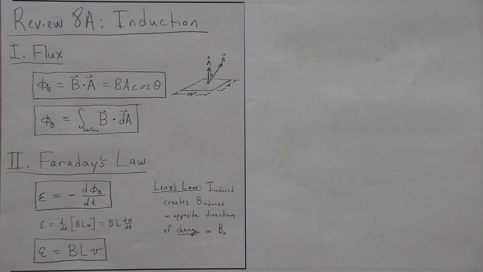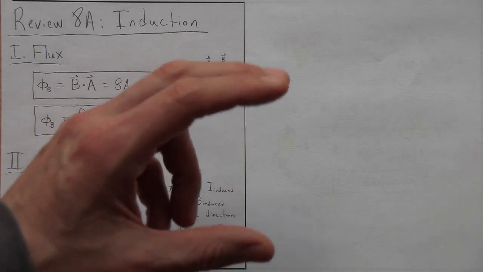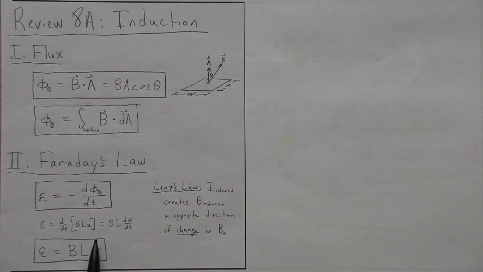All right, so another concept, as I already mentioned, you could create voltage by sliding or sending a coil into a magnetic field region. The area is L times X, where X is how far the coil has gone into the magnetic field region. So the area is changing as you're pushing that coil into the region.